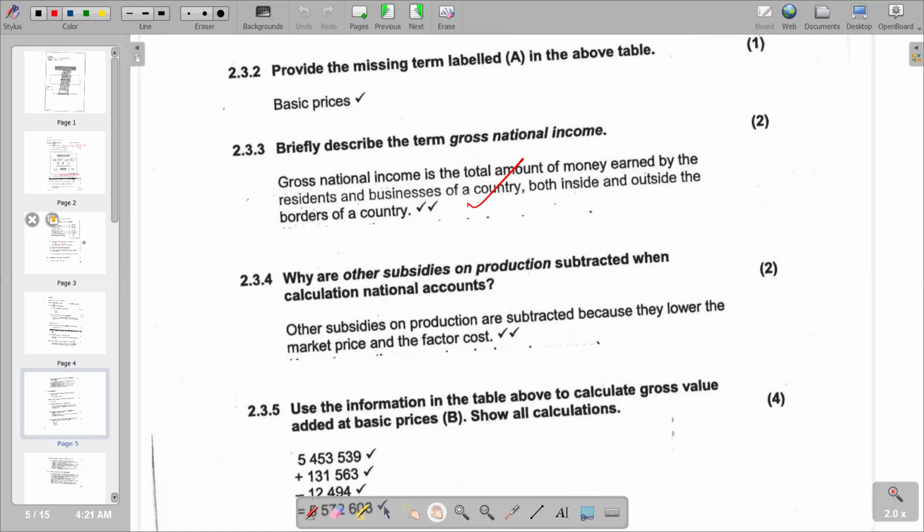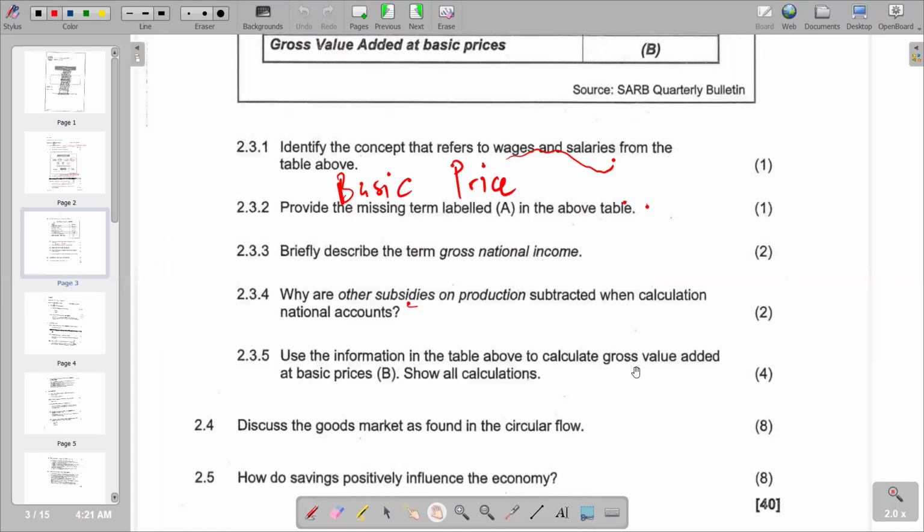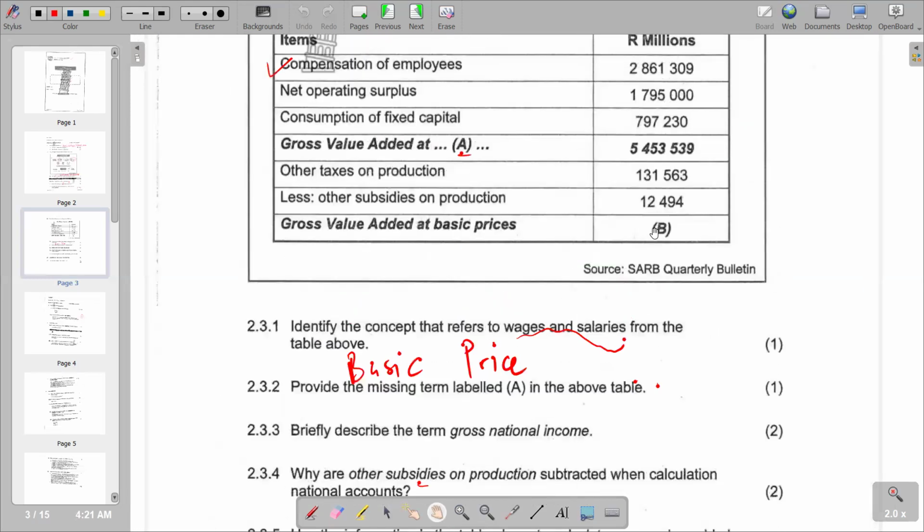Then we go to the next part of the question, 2.3.5. It says: use the information in the table above to calculate gross value added at basic price. Show all calculations. Gross value added at basic price is represented here by our P. To arrive there, we add other taxes on production, and then subtract other subsidies on production.